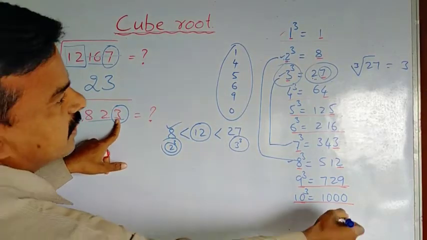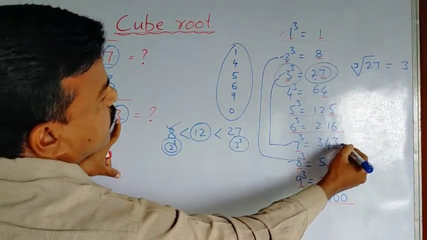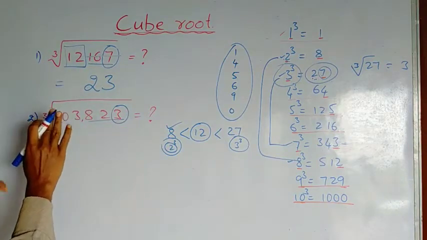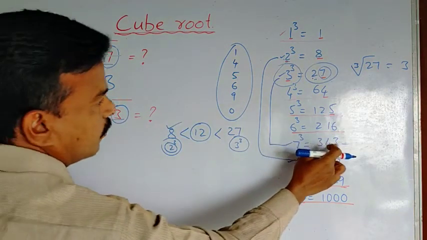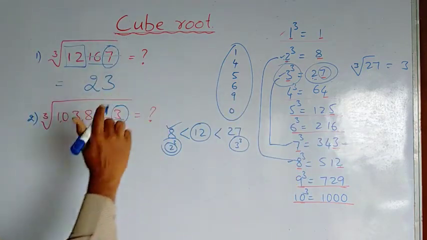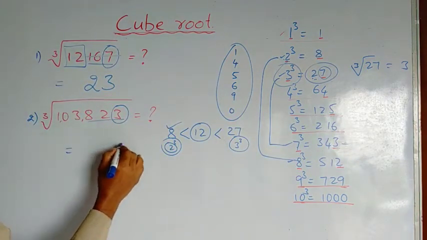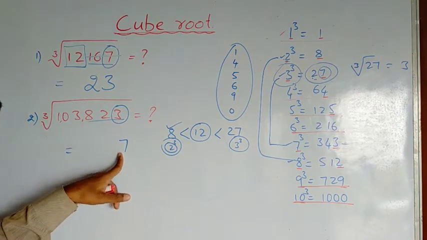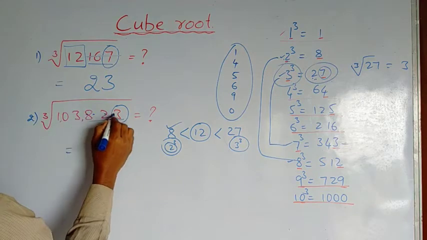A cubic number that ends with 3 has a cube root that ends with 7. So we got the ones place digit 7.